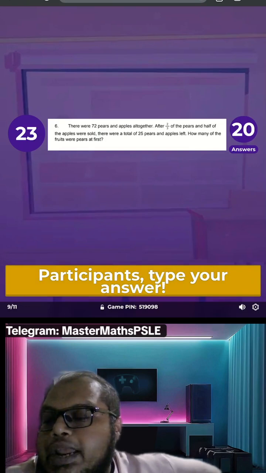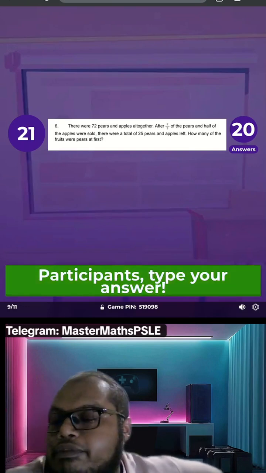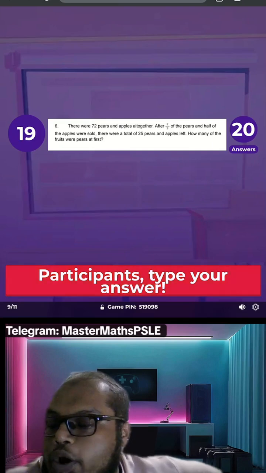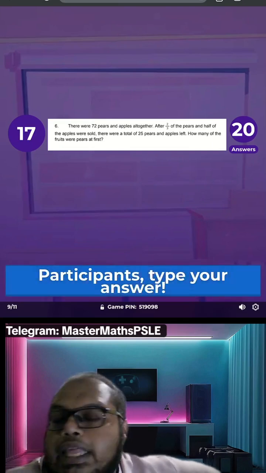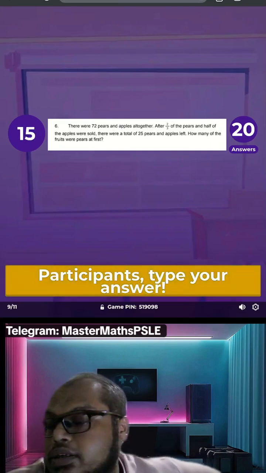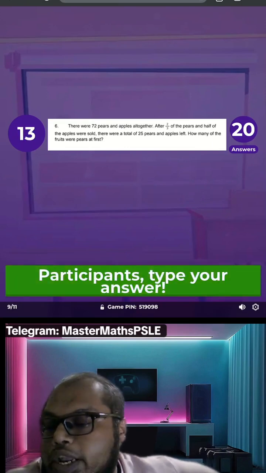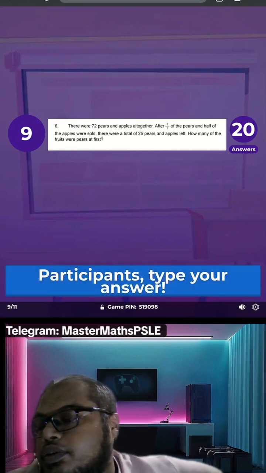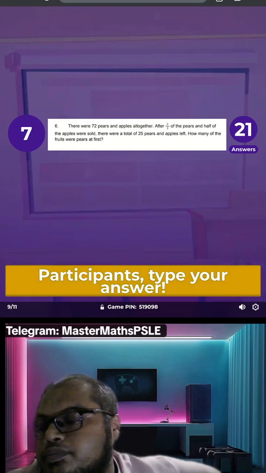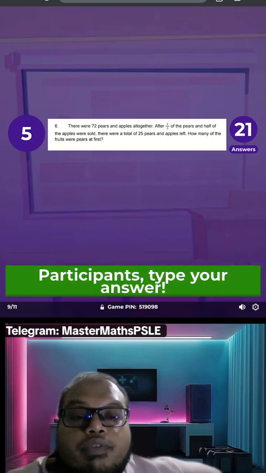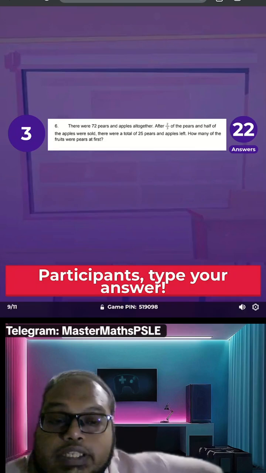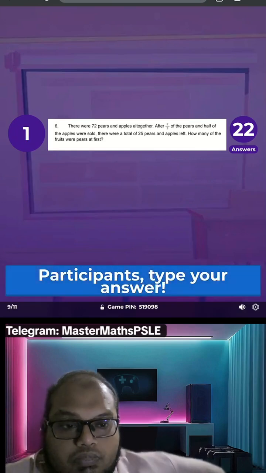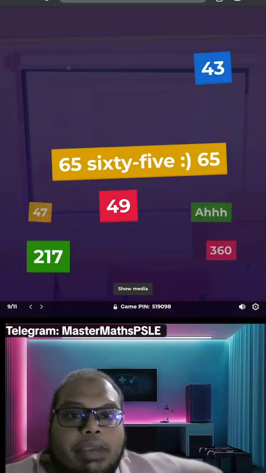So you can break them up, right? 3 units at first for pears and 2 units for apples, and then take out 2 and take out 1. So in the end, there's 1 unit of pear and 1 unit of apples left. Then you can solve it from there, like probably make the units the same, or make the parts the same.